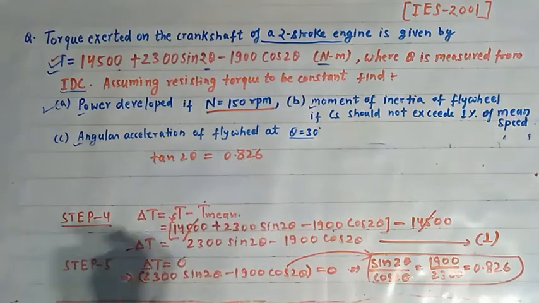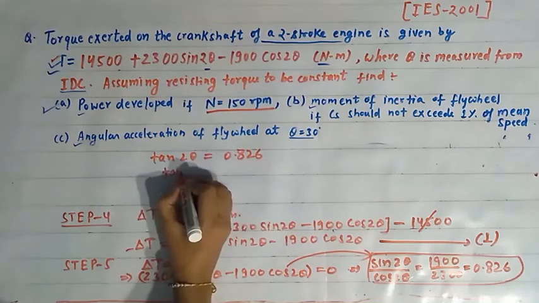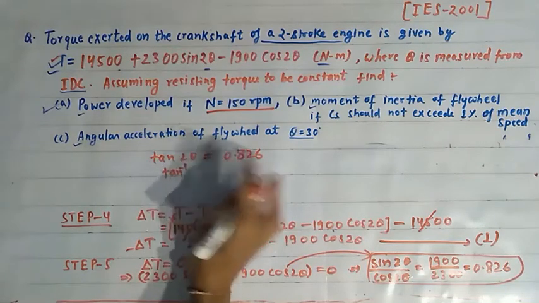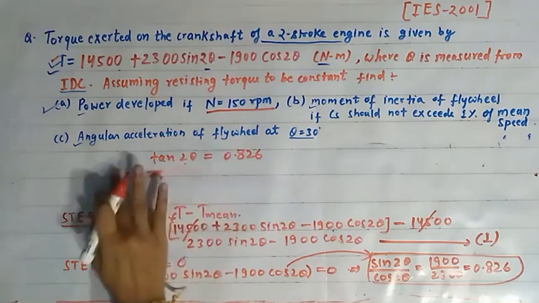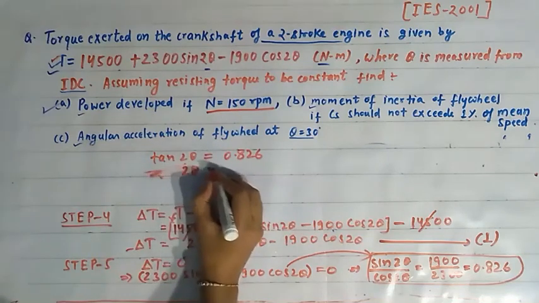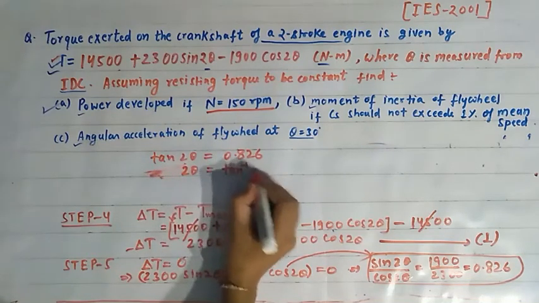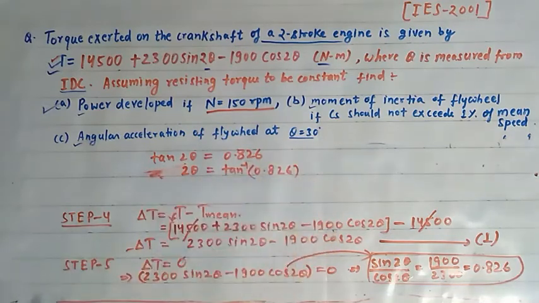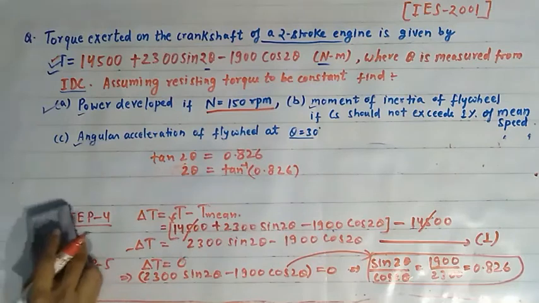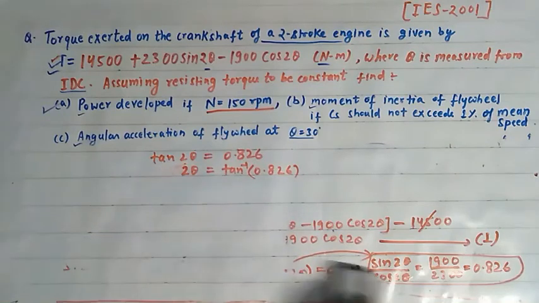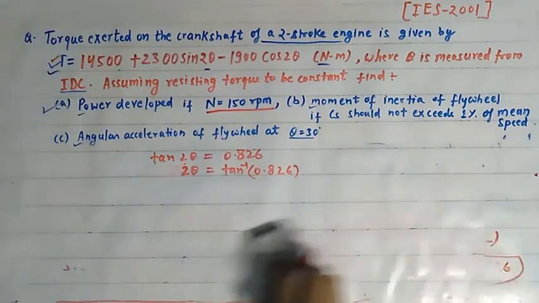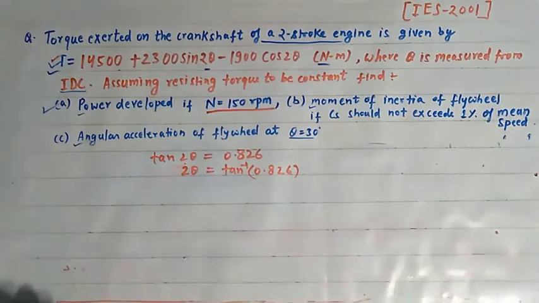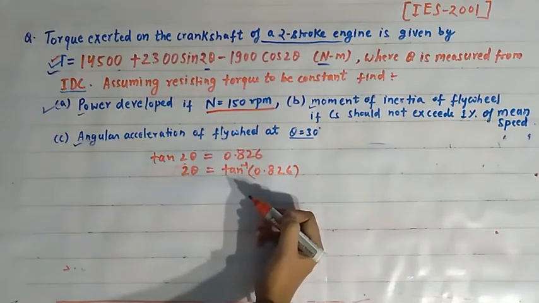Now friends, when I take the inverse tan of this term, I am calculating 2 theta here. 2 theta is equal to tan inverse of 0.826. Let us calculate the value of 2 theta using your calculator. You should use your calculator to calculate the inverse tan of 0.826.